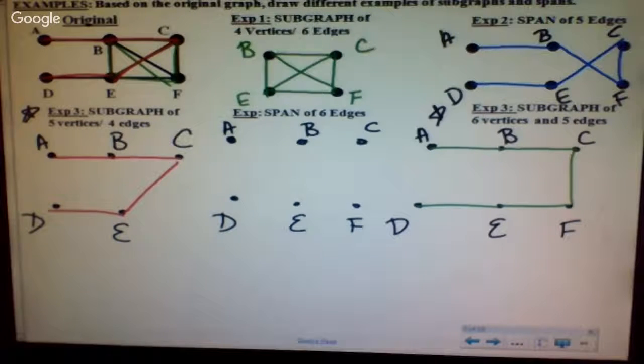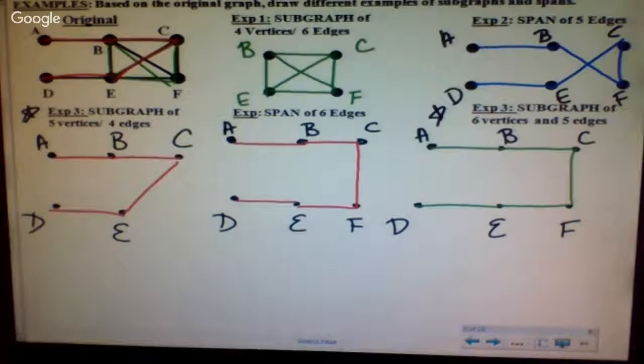You've got to do A, B, and D, E. Those are given. You said E to F. You said F, C. B, C.